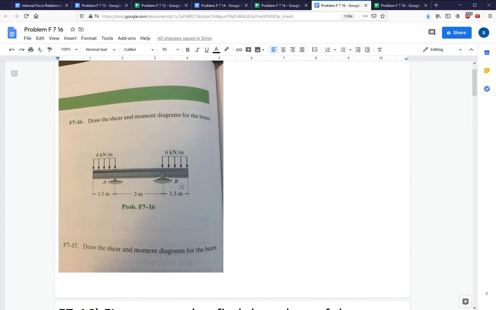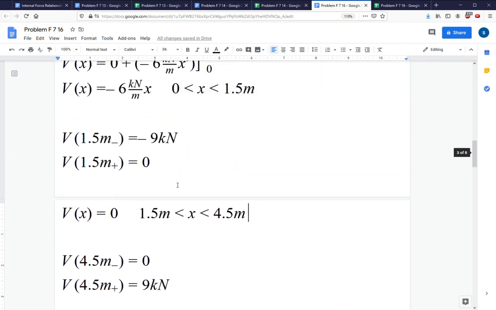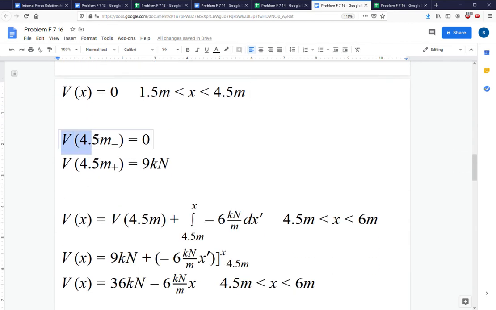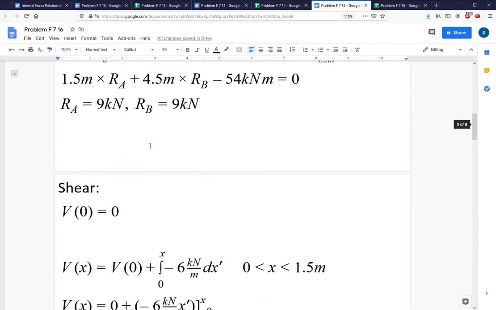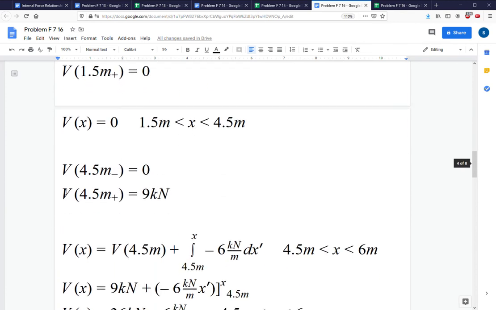Moving into this third region, we again have a discontinuous shear function because we have a point force from the reaction at B. So once again, we need to say that the shear as x approaches 4.5 meters from below is 0, plus that applied force becomes the shear as x approaches 4.5 meters from above.